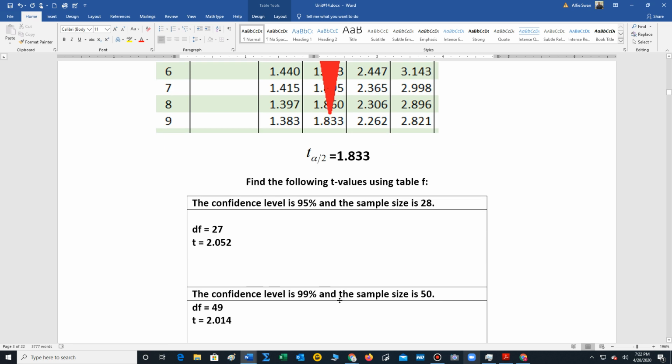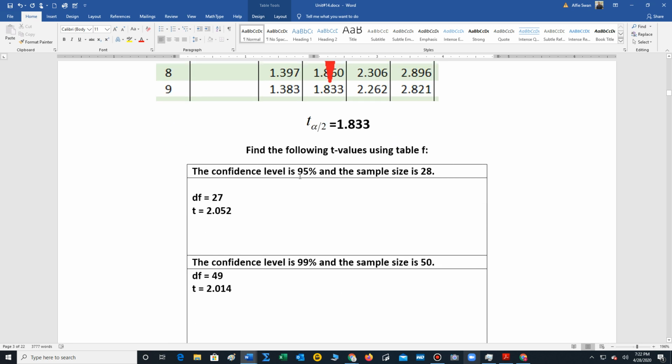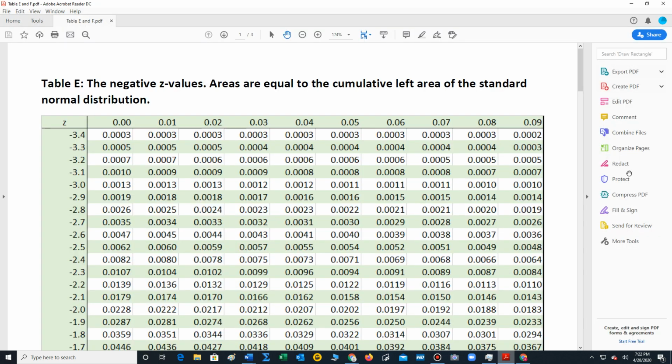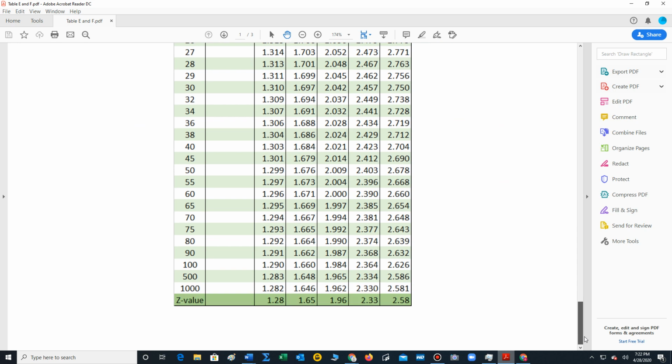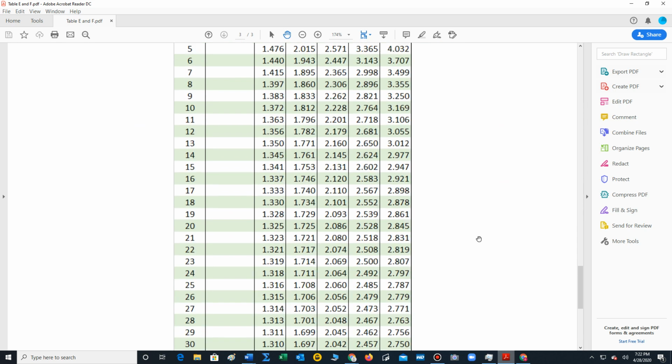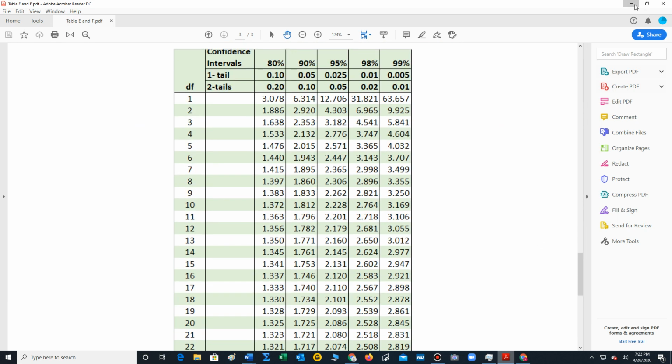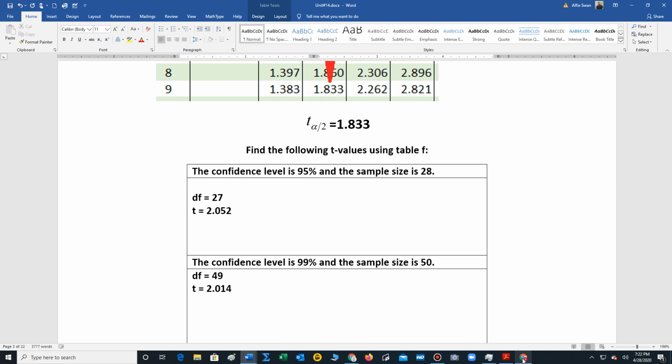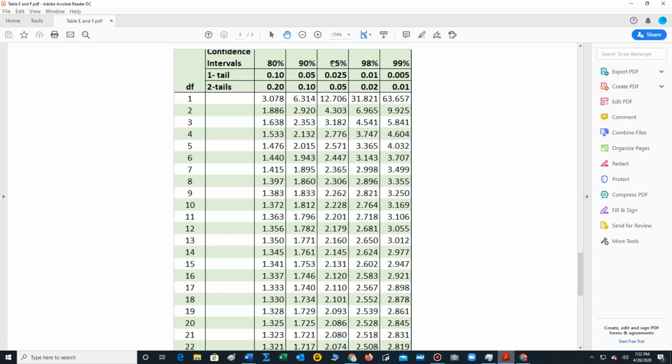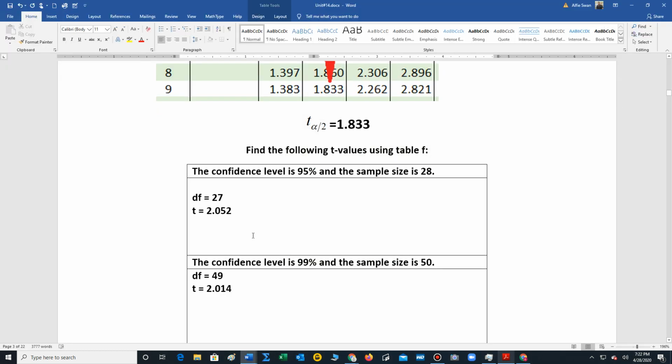We have a couple of other examples here. So let's say the confidence level is 95%, sample size is 28. First compute degrees of freedom, 28 minus 1, 27. Then we go to table F, and we're going to look up the t-value. So we go to 95% and we go down to 27.